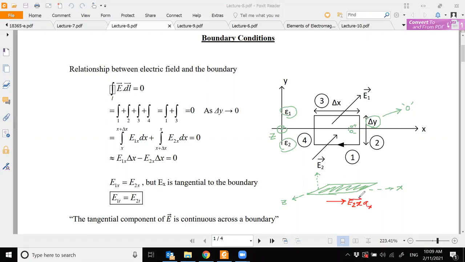This is the x component, right? Sorry, it is already in vector, so I do not require this arrow.